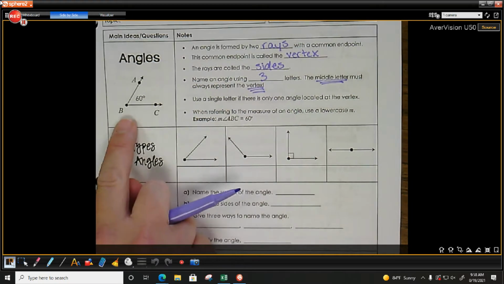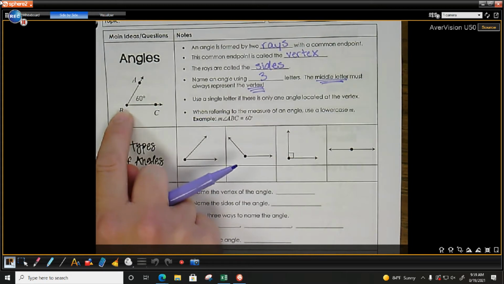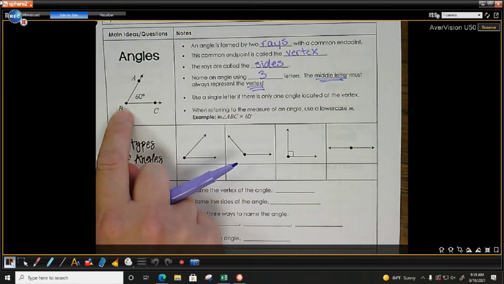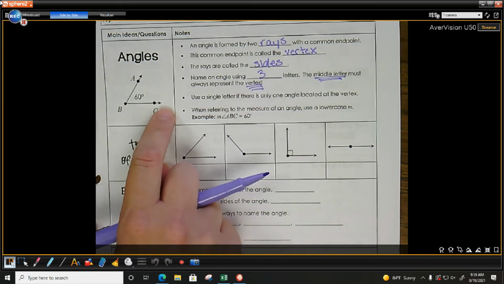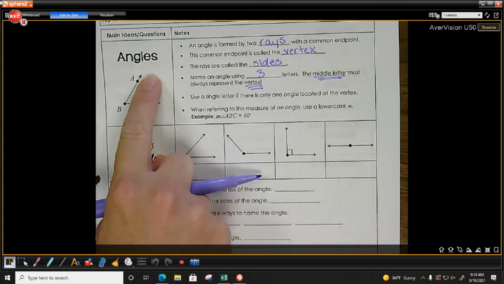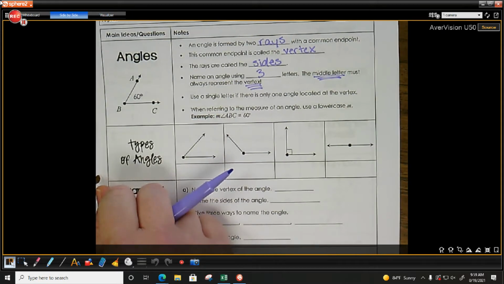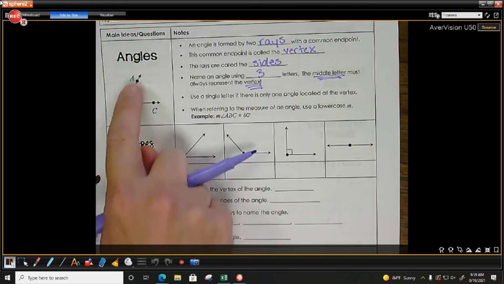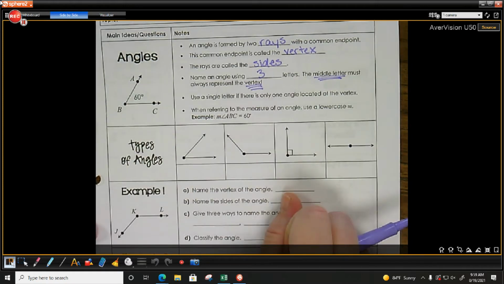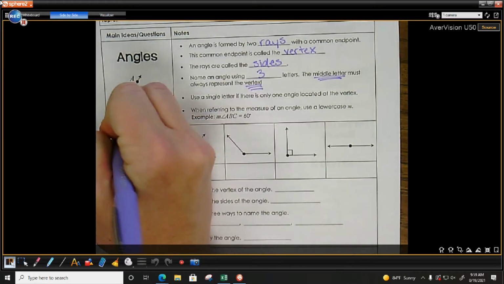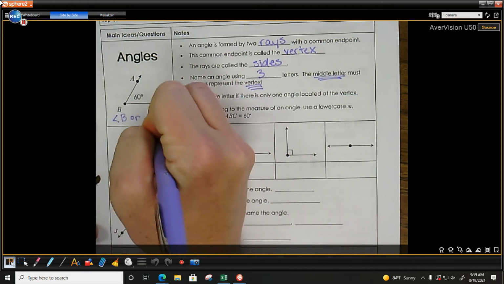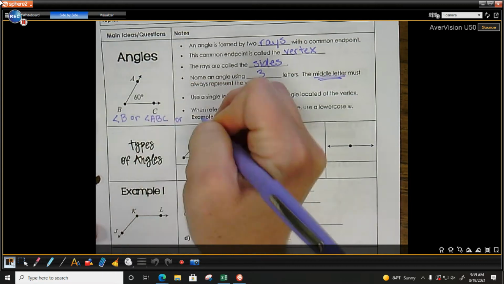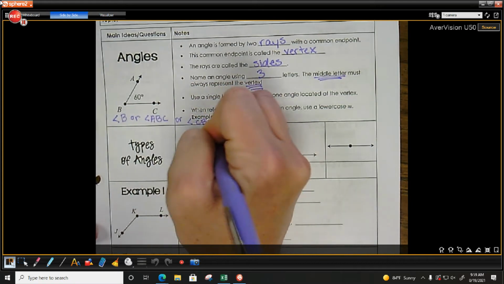So if I look at this picture, there's only one angle at vertex B. So I could just call this angle B. Now I also could call this angle ABC or angle CBA. Okay? 3 different ways to label it. We would always use uppercase letters. So I could say angle B or angle ABC or angle CBA.